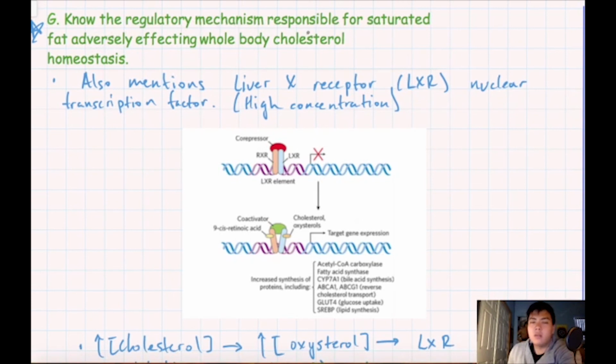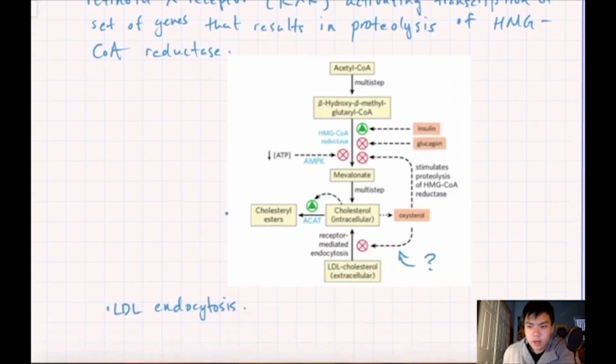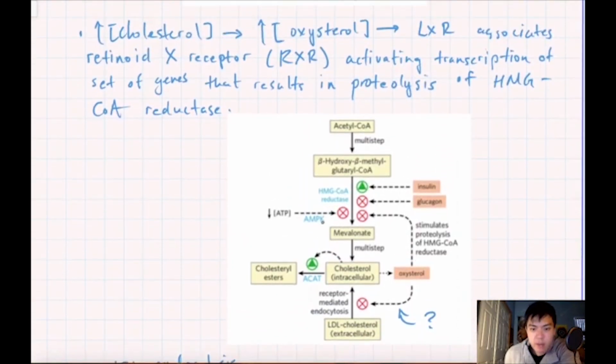Another regulatory mechanism responsible for saturated fat adversely affecting whole body cholesterol homeostasis. This objective I'm not very sure of at all. I think I'm going to wait until the lecture, and hopefully that will clear things up. But this is basically my hypothesis of what I think Dr. Bryan was trying to ask. So we mentioned covalent modification, right, with AMPK and insulin and glucagon.